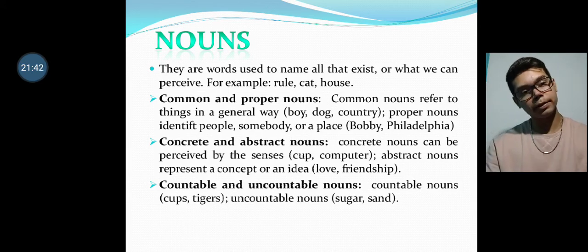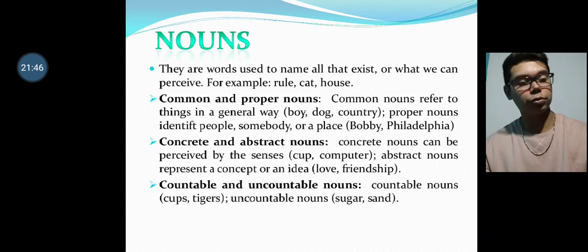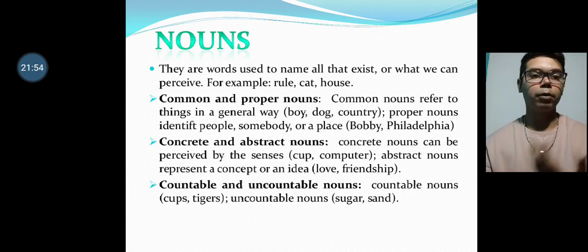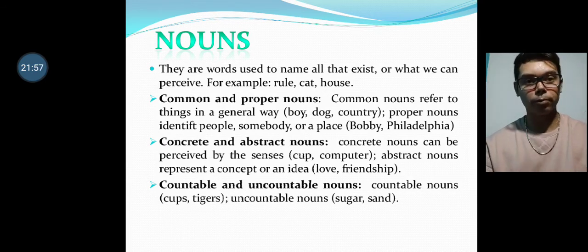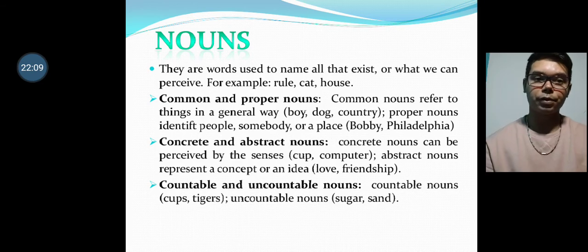Entonces, al momento de hacer un análisis sintáctico, ustedes tienen que indicar no solo que la palabra es un noun, sino que también tienen que decir que es un nombre propio o un nombre común. We have concrete and abstract nouns. Concrete nouns can be perceived by themselves, like a cap or a computer, and abstract nouns represent a concept or an idea.